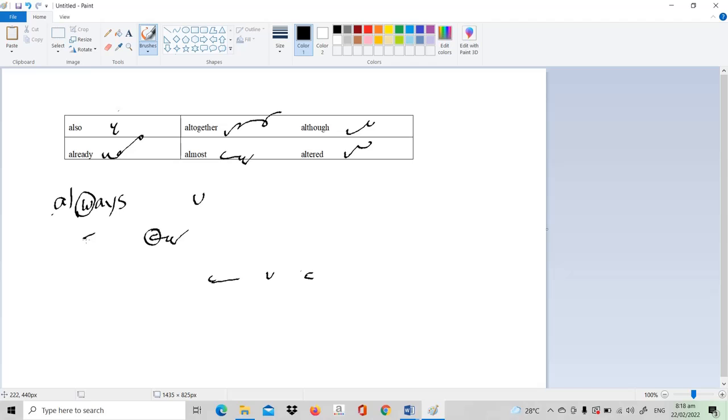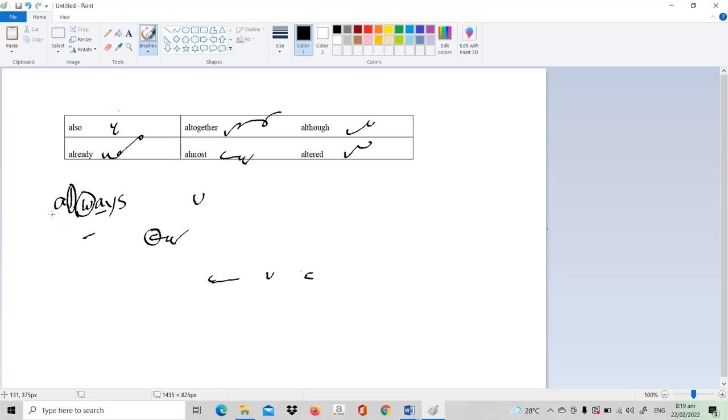We put a dash under nung ating vowel kung saan nalalagyan ng W. So, ngayon, wala tayong consonant na L and wala tayong consonant na W. Therefore, ang susunod na stroke is going to be A. And A is another vowel.